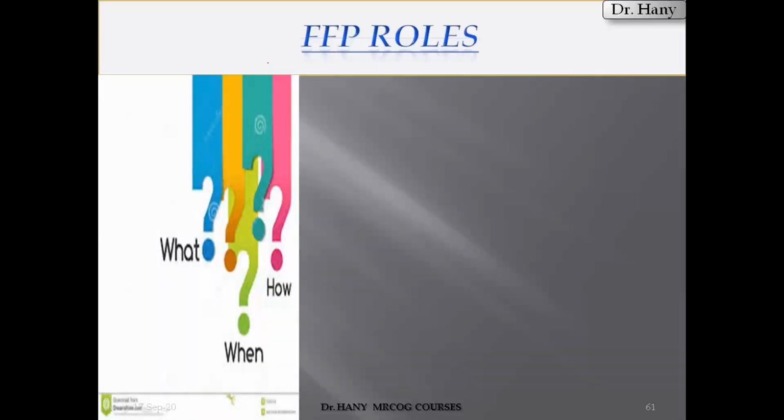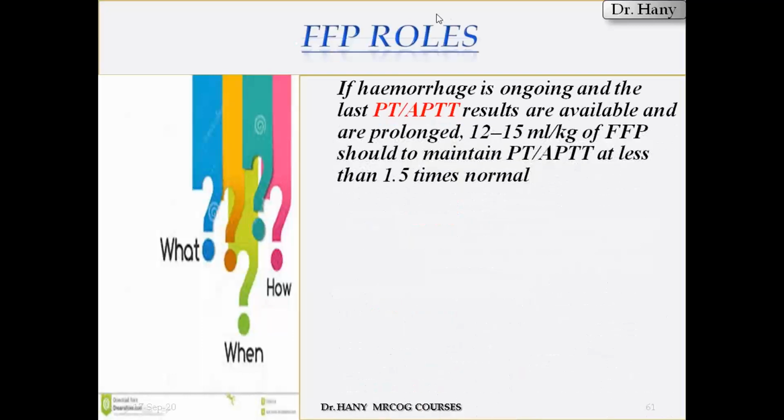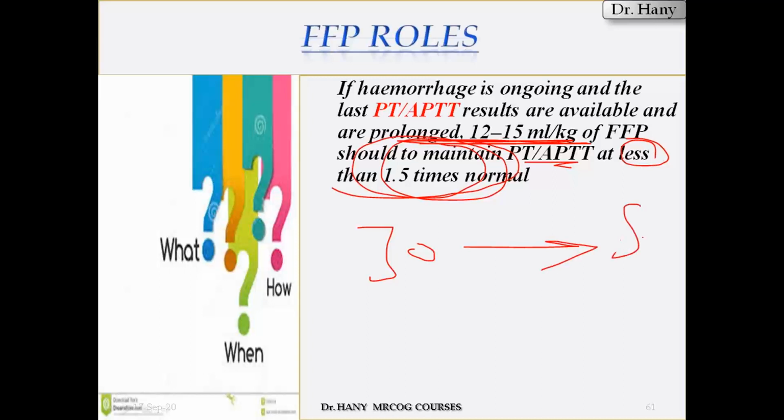If hemorrhage is still going, and you have the PTT in your lab and it is prolonged but less than 1.5 times normal, you will give 12 to 15 milliliters per kg. So if the normal value is say 30 and the result came 45, that is 1.5 times higher than normal.